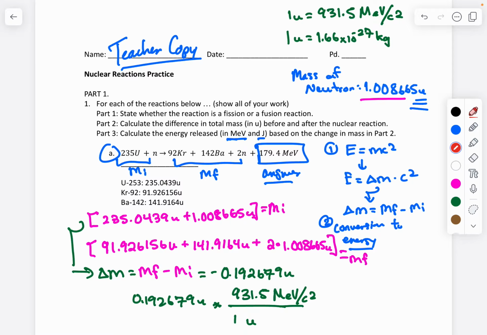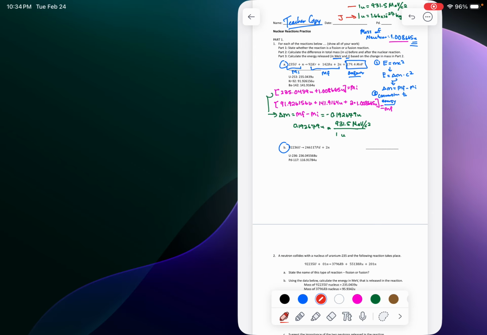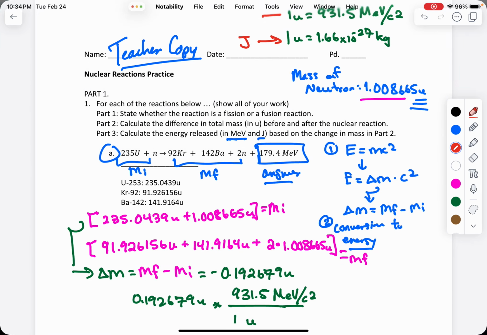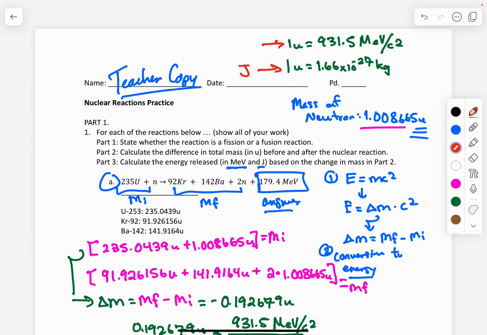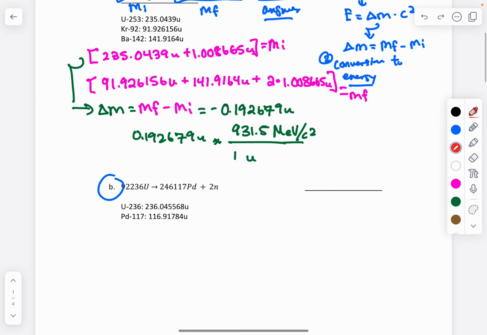So this one is useful for finding joules, and this one is useful for finding mega electron volts. I'm going to use the one for mega electron volts because it's an easier calculation. So we do this multiplication.